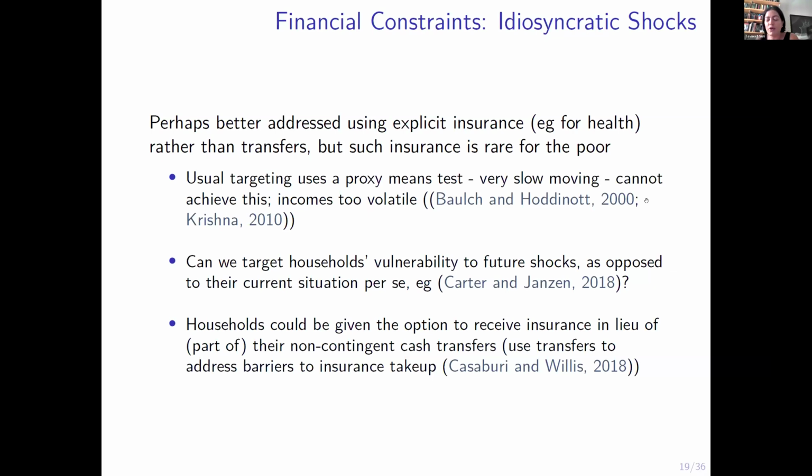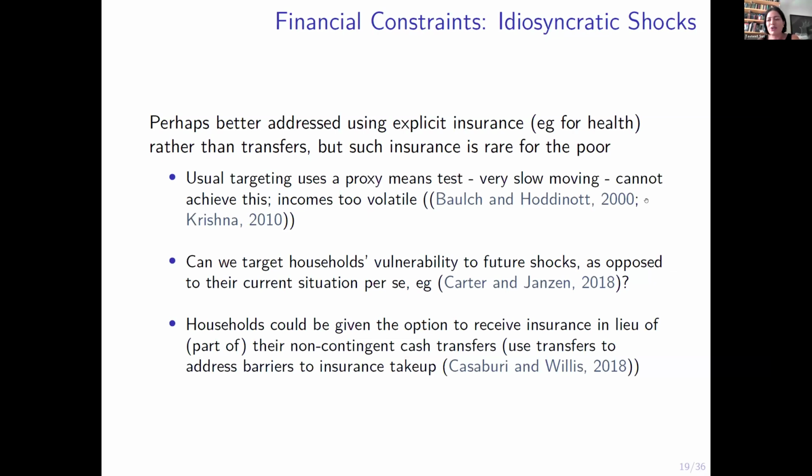And incomes are so volatile that using a slow moving target to try and deal with shocks to income might not be perfect. So they might not be perfect at helping people deal with idiosyncratic risks, just because they're not targeted towards that.